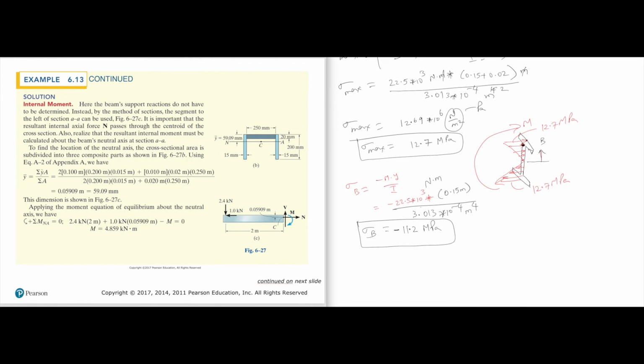So this is the cross section area given.